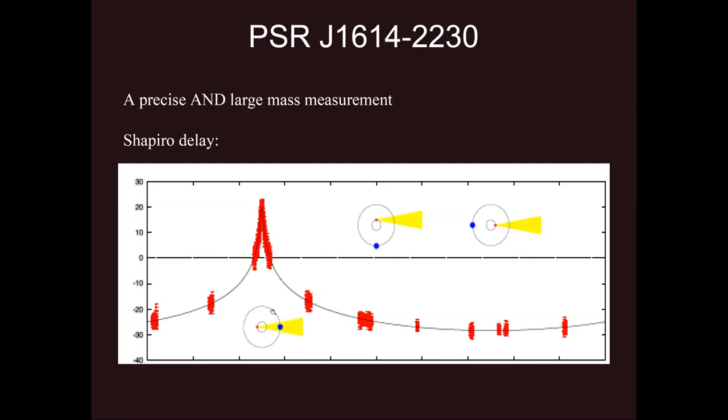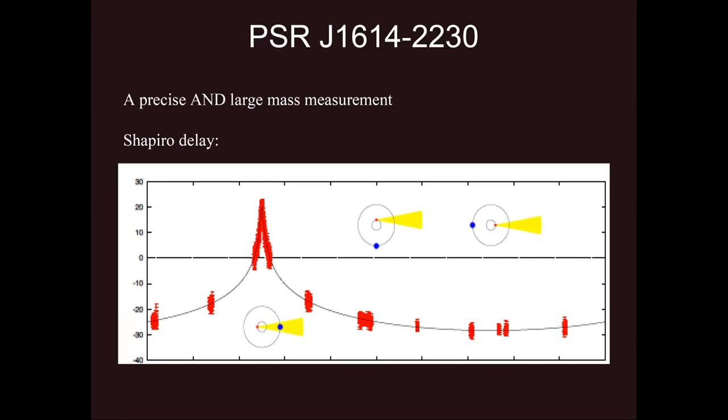And here the red points are the measurements. They depend on the phase of our observation of the neutron star relative to the orbiting white dwarf. And we see this spiky behavior of the timing residual. This Shapiro delay allows us to infer the inclination.